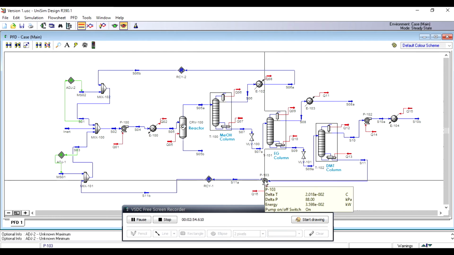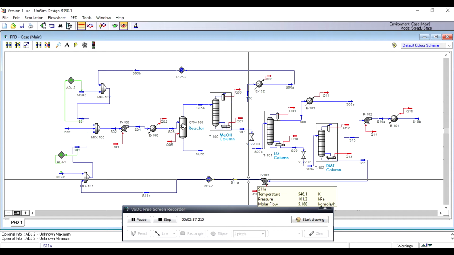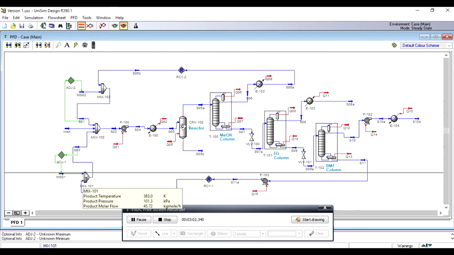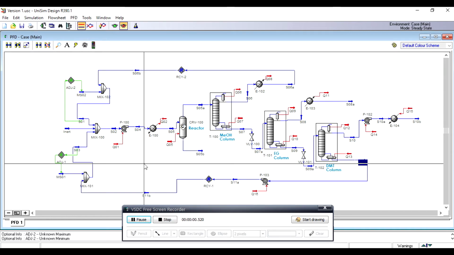The bottom stream goes through a pump to increase the pressure to atmospheric pressure and is then recycled back to the feed with a makeup stream. Both makeup streams are calculated using the adjust function so that the required 100,000 tons per year of PET input is maintained.